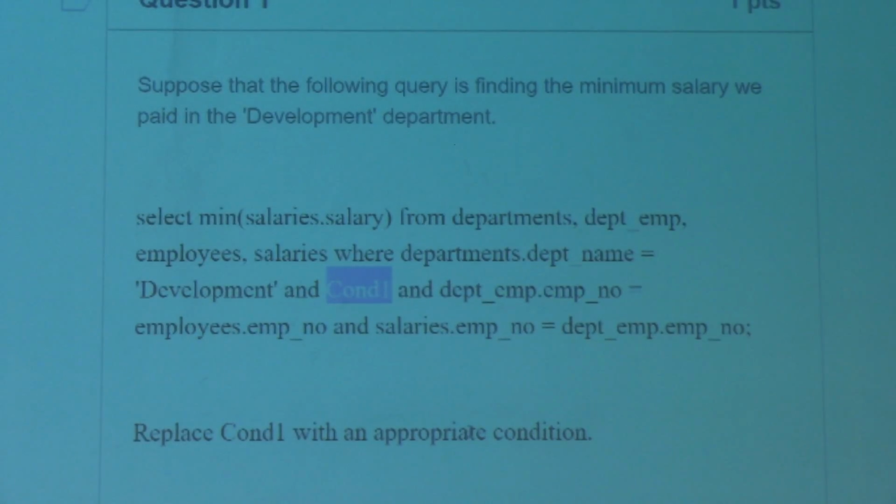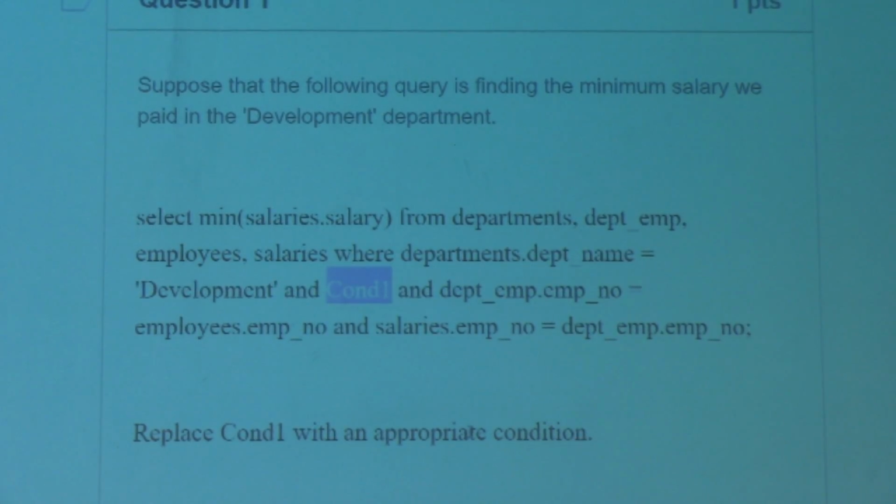Do you want to join the discussion? So what is the condition? Anyone can answer this. We have to combine department and department name and the department employees.